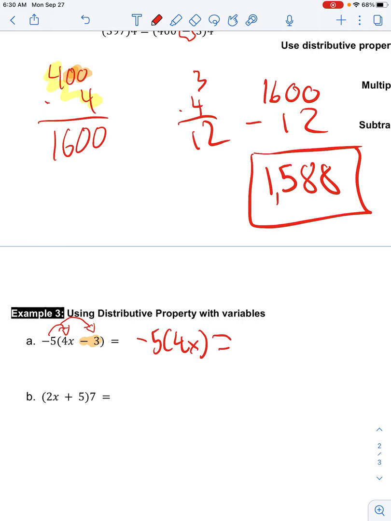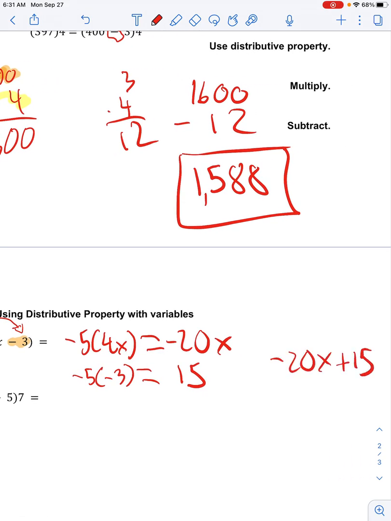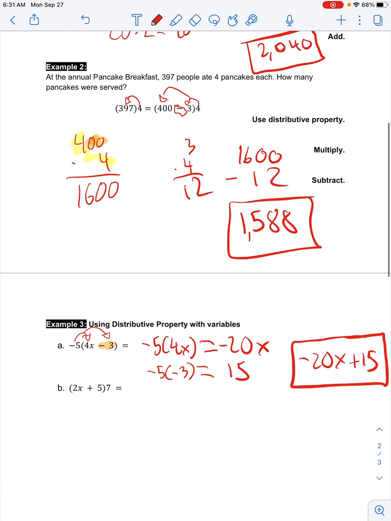So -5 multiplied by 4x, -5 times +4 is -20, and I still have an x. -5 multiplied by -3. Two negatives, two sad people in a room wallow and feel so sad together that they are actually happy. They like being sad. So negative times a negative is a +15, which means that my answer is -20x plus 15.